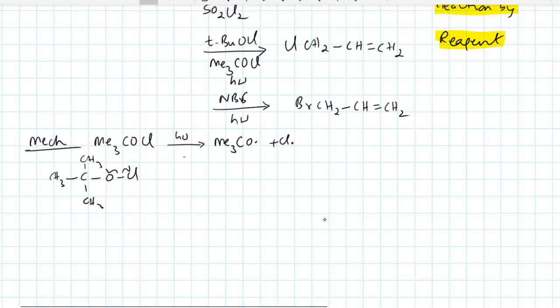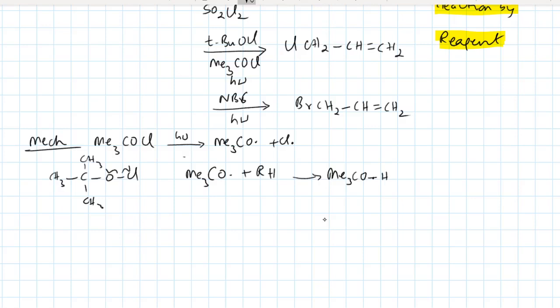Then the chain propagation step: this Me3CO dot will attack the alkene or alkane, the R-H bond, that is the C-H bond. The C-H bond breaks, giving the free radical R dot and H dot. Now the H combines with O to form Me3COH, plus R dot.